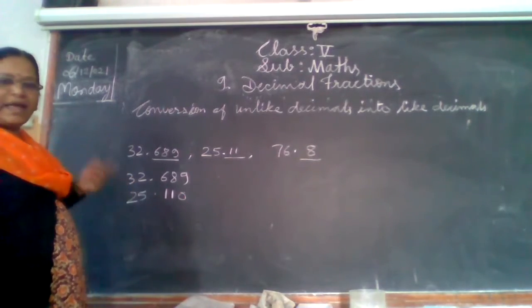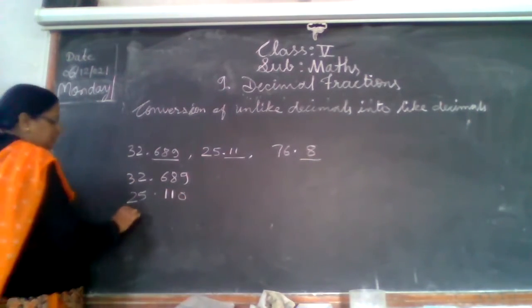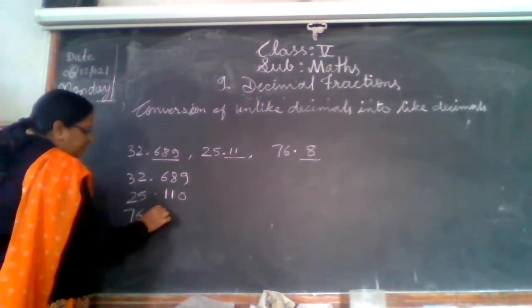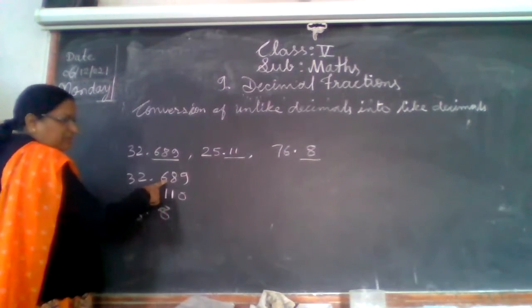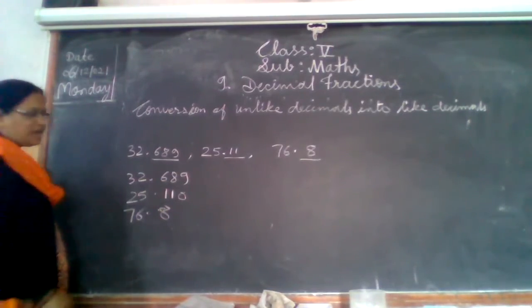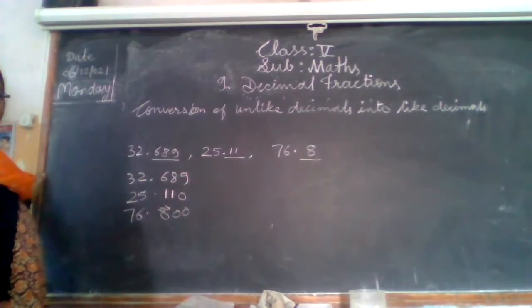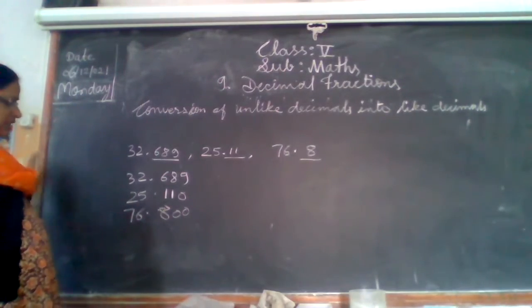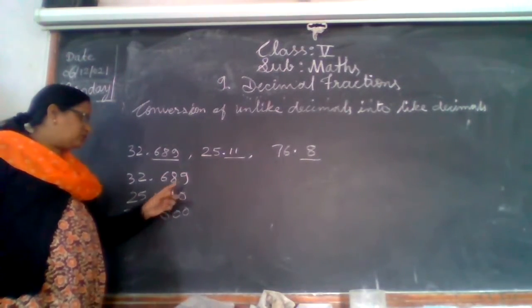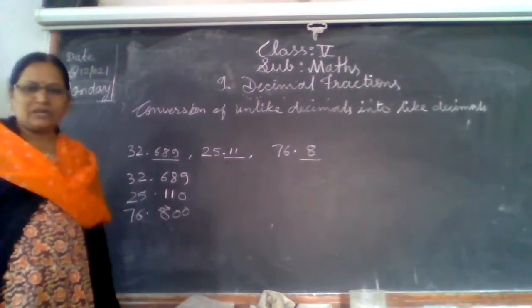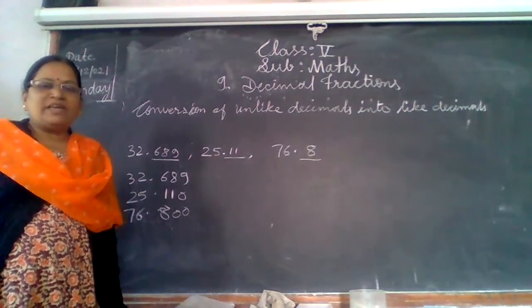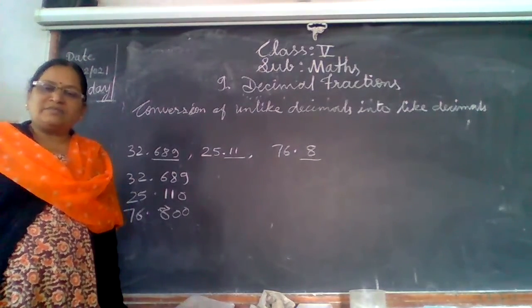They are like decimals. Third one is 76.8. Maximum is 3 and it is having only 1. You can put zeros from the rightmost side in the decimal part. See, 3, 3, 3. Got it, beta? So in this way, you can convert unlike decimals into like decimals.